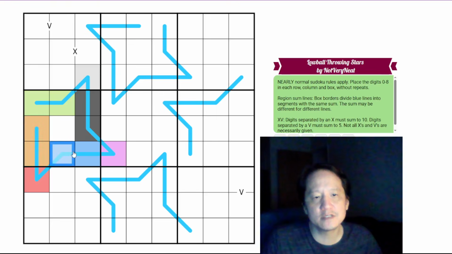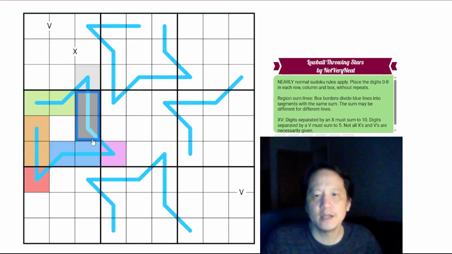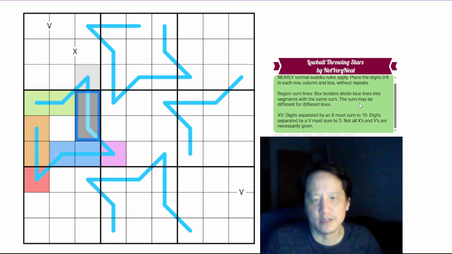So these segments all must sum to the same sum. And obviously these are single digits, so they will be the same digit in that case. That's sort of solving things, but it's kind of assumed, right? Anyways, that is how region sum lines work.